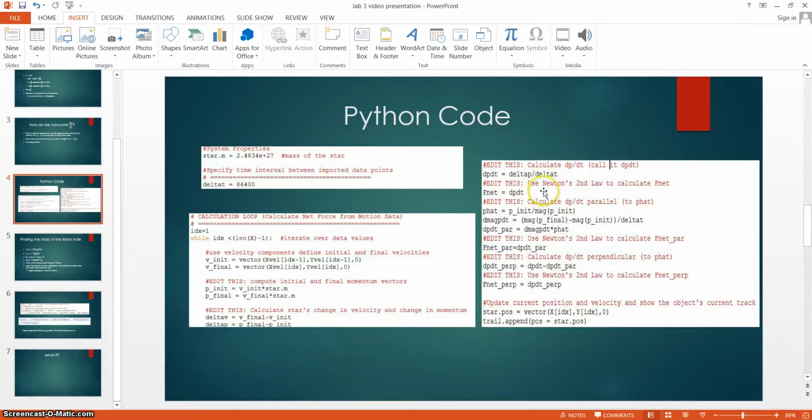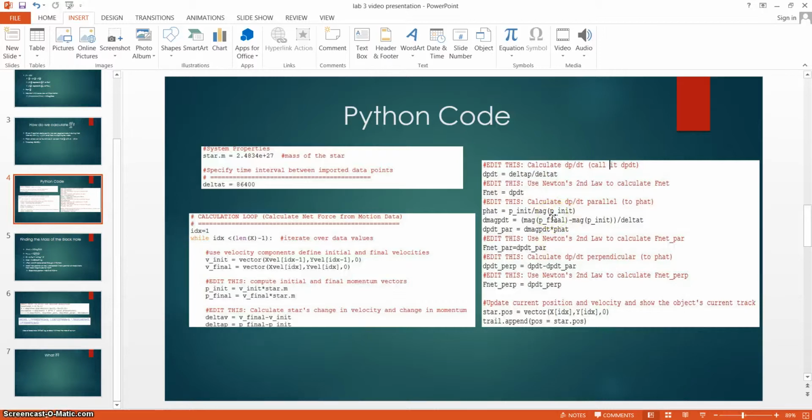The tricky part was coding for the parallel and perpendicular values of dp/dt. In the second slide, I derived the parallel and perpendicular components of dp/dt, showing that p hat times the change in magnitude of p over the change in time was the parallel component.